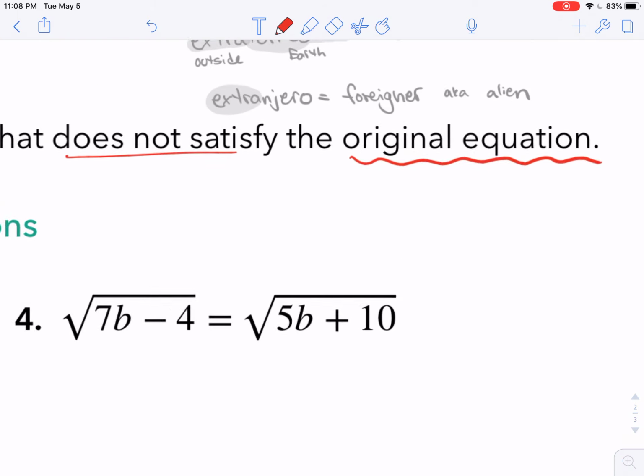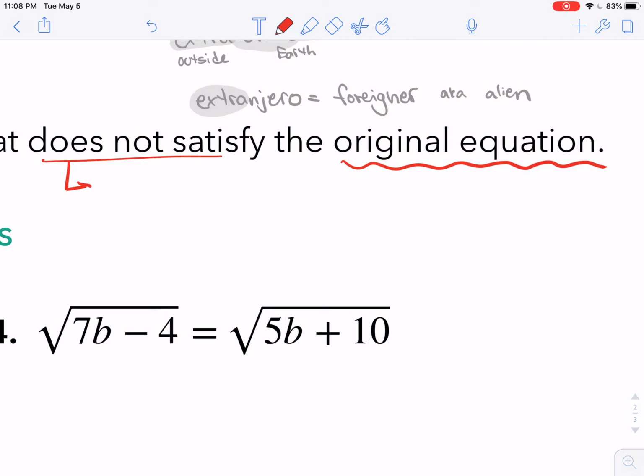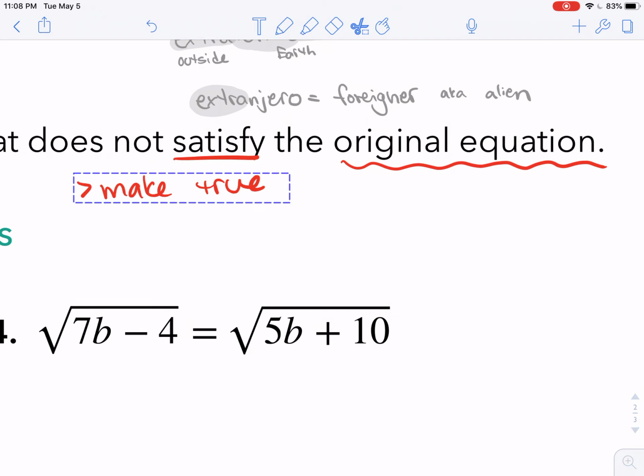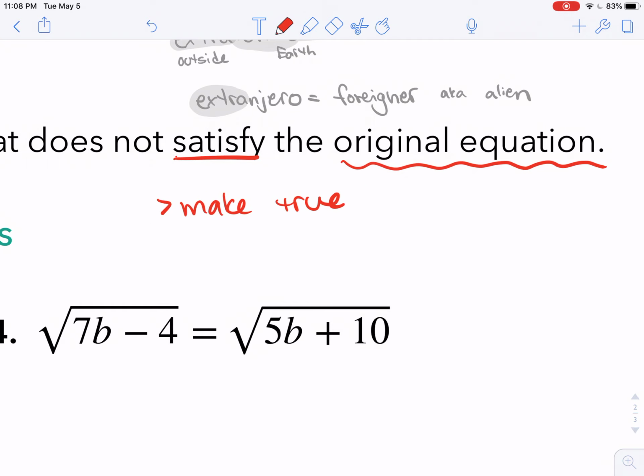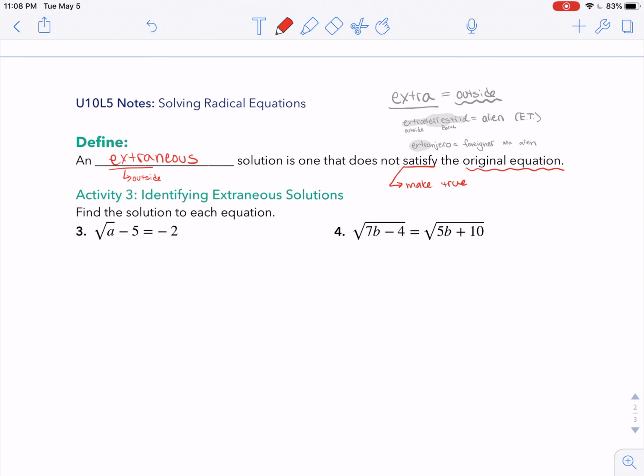That is, it doesn't make the original equation true. So what we have to do when we get a solution is we have to check it. That's super important. We need to check our solution to make sure it makes the equation true.